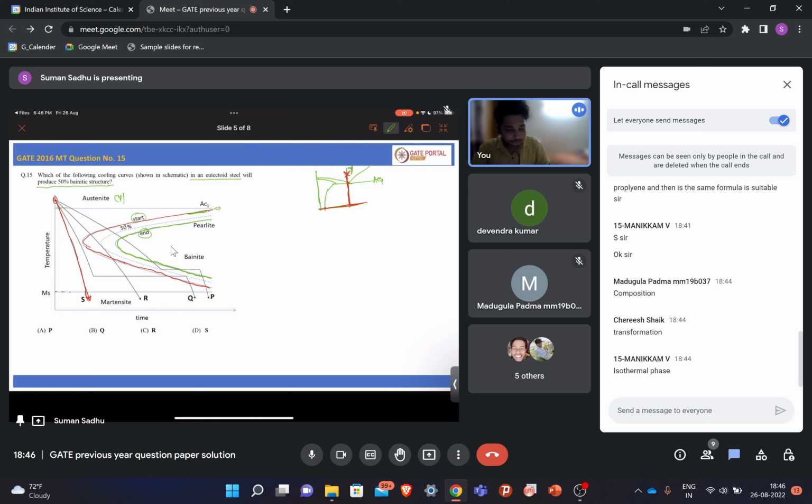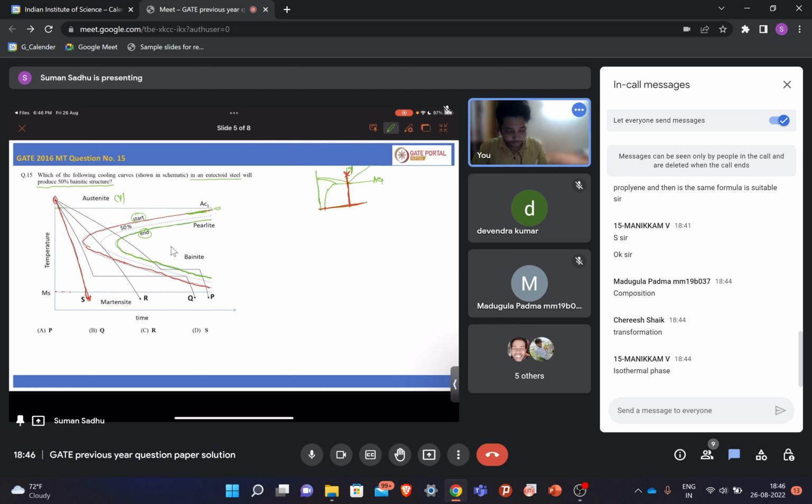The C curves basically show how much transformation you have at a certain temperature and time, that is, what percentage of those phases you will get. This idea comes from the CCT diagram or TTT diagram.